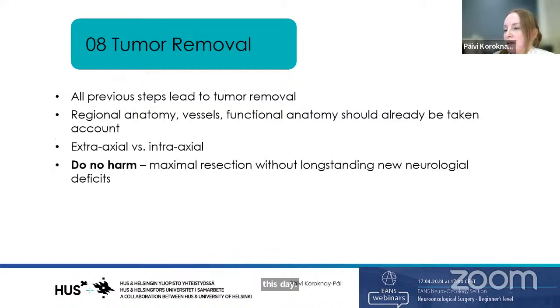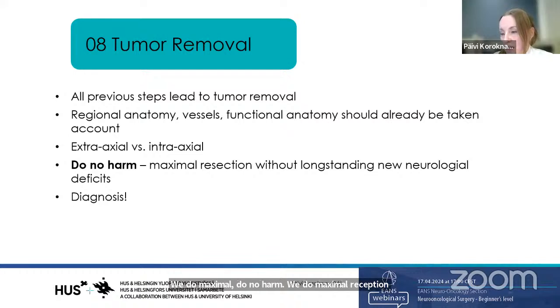And what is the principle in not only surgery, but in medicine, do no harm. We do maximal resection without long-standing new neurological deficits. And we should have enough samples for pathology to have the diagnosis. And precise hemostasis, of course.